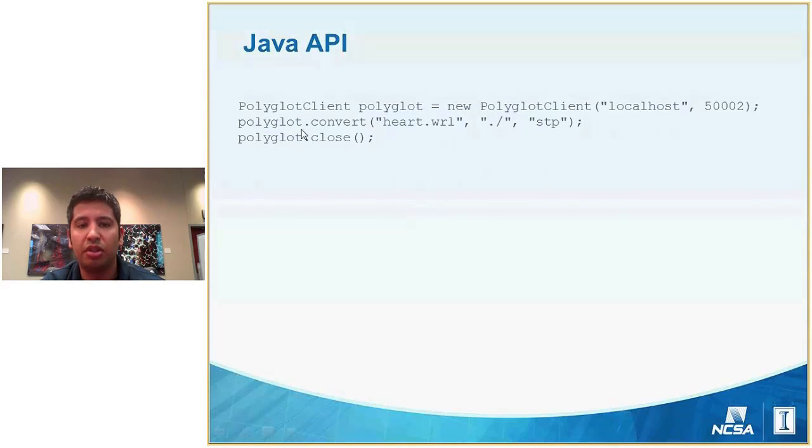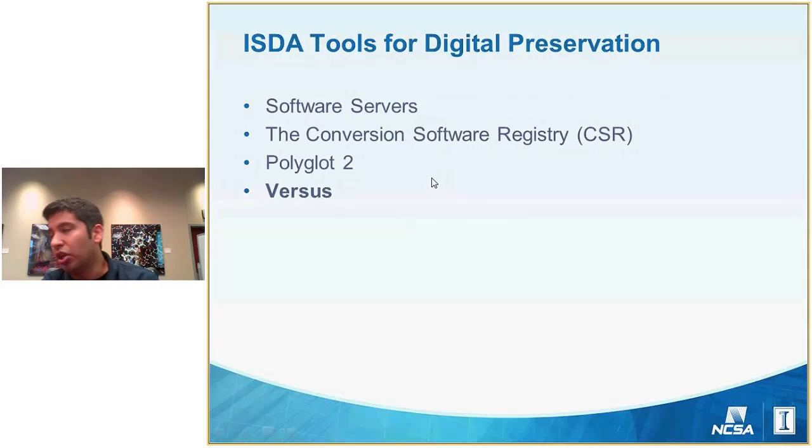So basically, I get back a list of that, and I can print them out and look at those. And then I can carry out conversions. So I could just, using the simple convert method here, specify the file on the local file system, the output directory, and the output format, and then it'll call that, execute it, get back the result file, dump it here, and then it'll go on to the next thing and potentially close the server and move on.